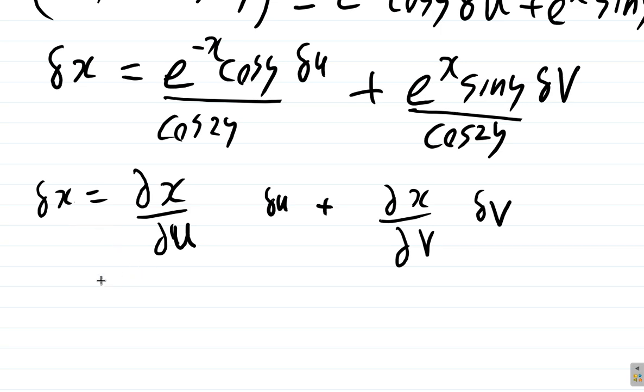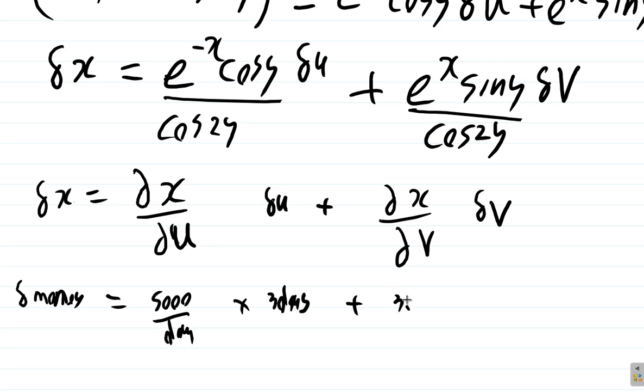Alright, so as I was saying, it's like this is a small change in the money you collect, equal to the change of money per day, $5,000 per day times 3 days, plus then you have $3,000 for the next contract per day times 7 days, and you calculate how much money you get.